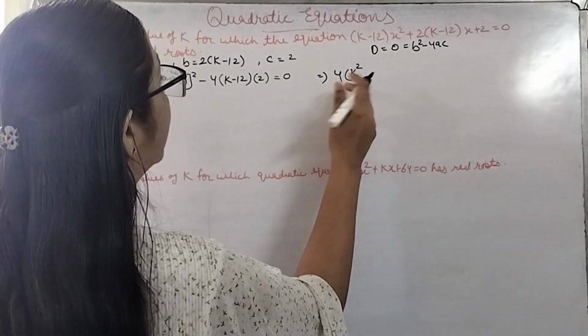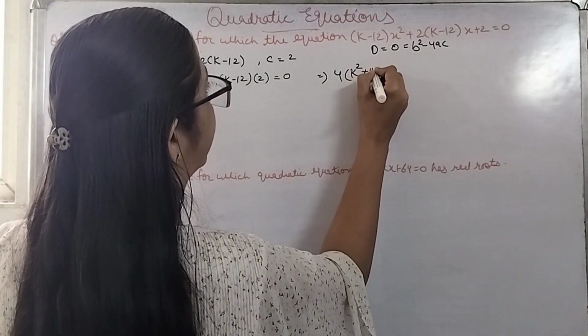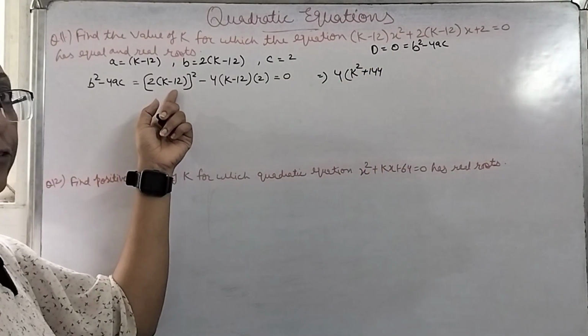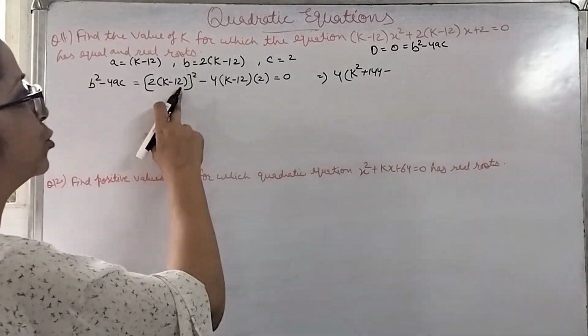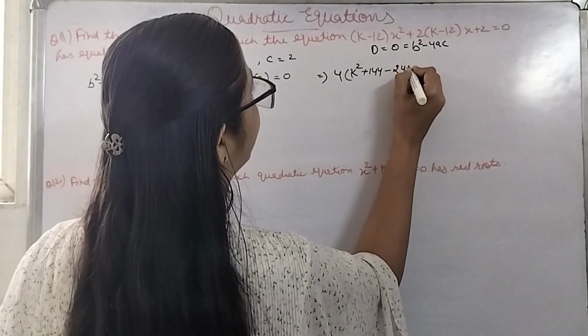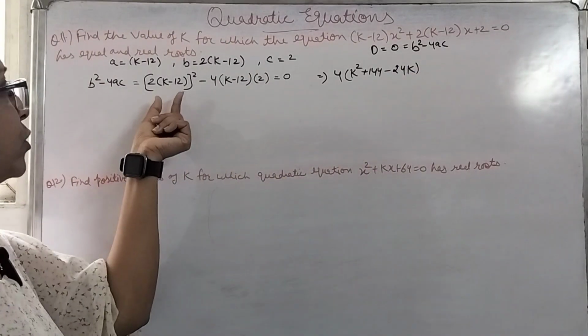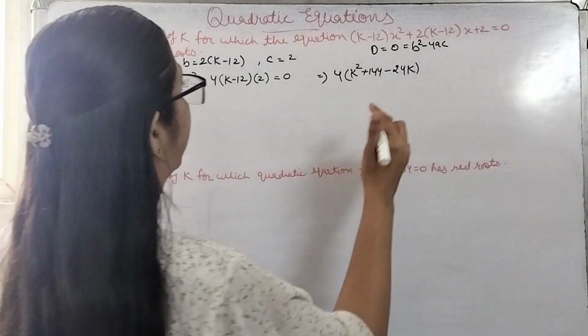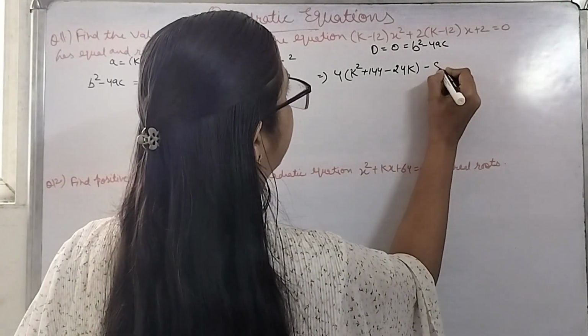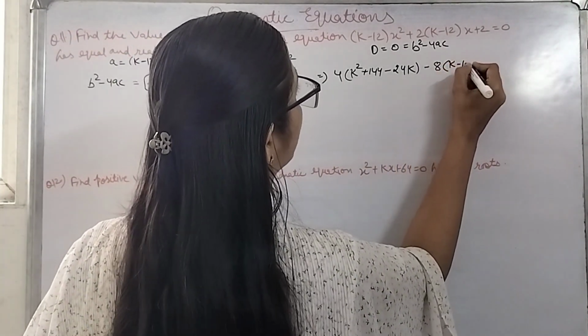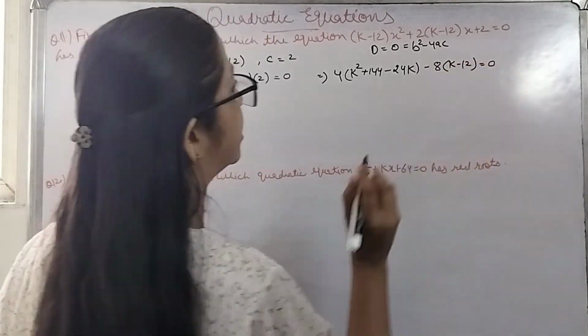So a square plus b square, that is square of 12, 144, minus 2ab, 2 into k into 12, that is minus 24k. This is the expansion of this bracket. Now minus of 4 multiplied by 2 will become your 8, (k minus 12), it is equivalent to 0.